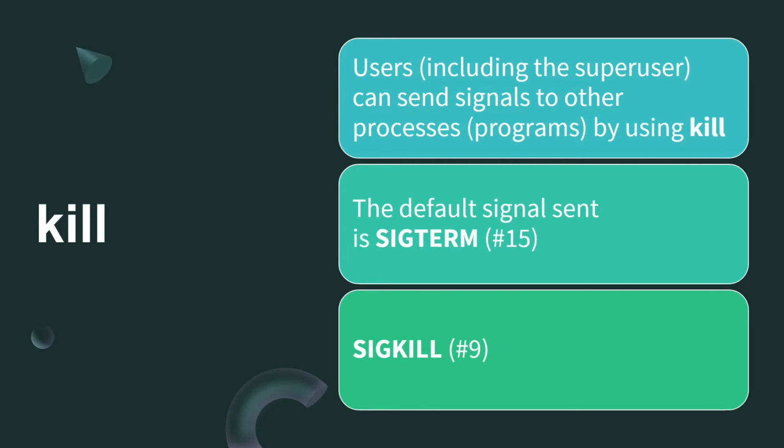The default signal sent is SIGTERM, number 15, which can be handled or ignored by the receiving process in order to prevent its death. It is preferable to use this signal to give the process a chance to clean up after itself. If the signal is ignored, the user can usually send a SIGKILL, number 9, signal, which cannot be ignored.